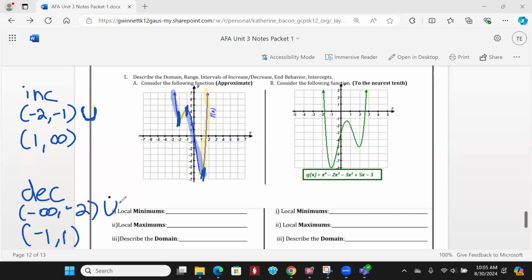Don't look at your Y values, we're looking at our X. The way I think of this is if I were going to Six Flags and I'm going to get on Goliath, how would I describe the ups and downs to somebody? I would say within the first 10 seconds, it goes up, it's increasing. The next 2 seconds, it's decreasing. Does that make sense? The seconds represent the X values.